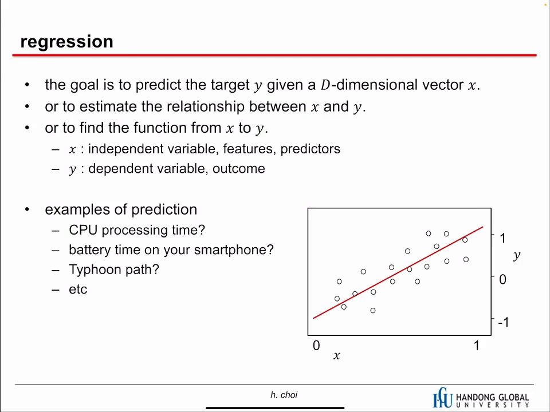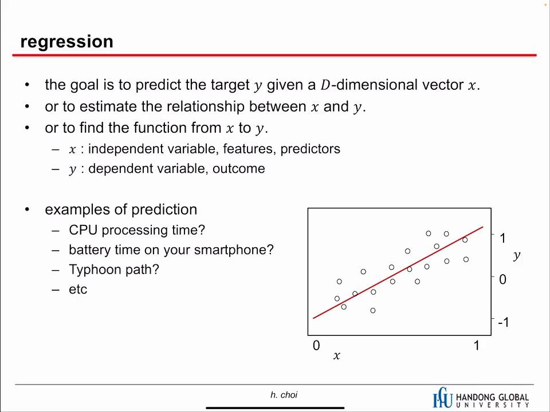So first of all, what is regression? Regression is a statistical method to find the relationship between x and y. The goal is to predict the target y given a d-dimensional vector x, as usual.